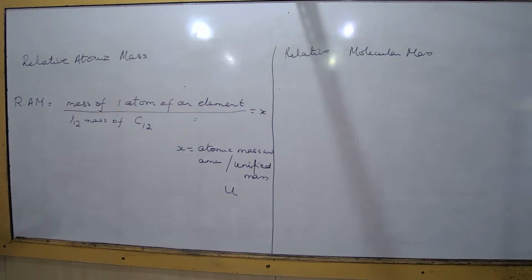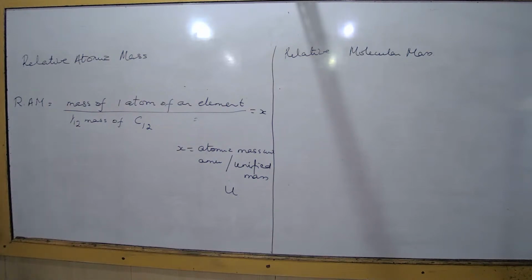The unit is AMU or U. It is not grams. U is different from grams.